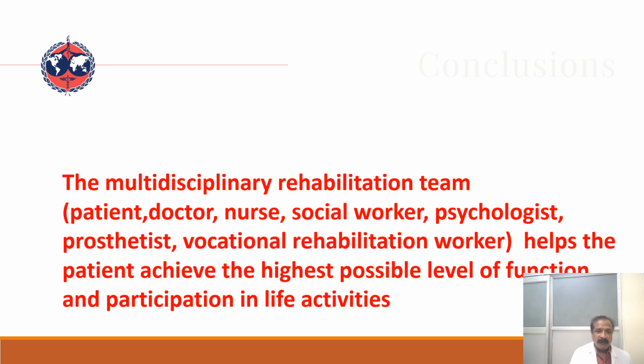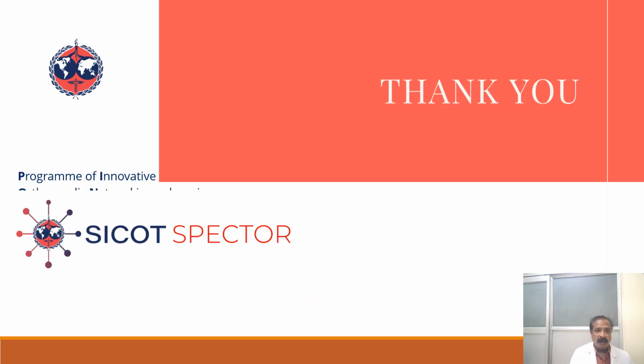So the multidisciplinary rehabilitation team, the patient, doctor, nurse, social worker, psychologists, prosthetists, and vocational rehabilitation workers, all help patients achieve the highest possible level of function and participation in life, in various types of activities, including sports.